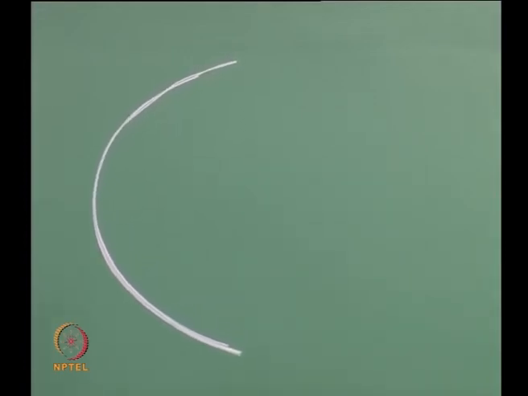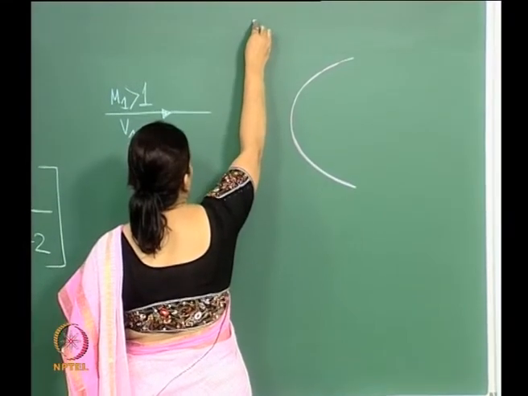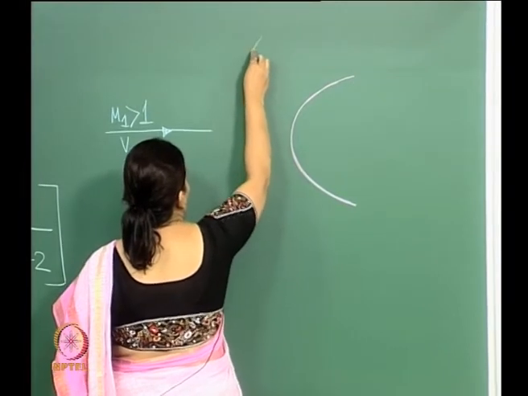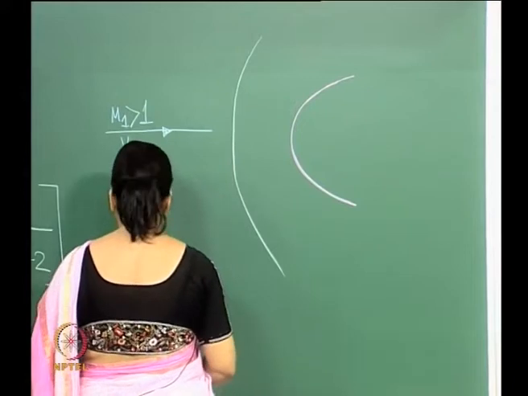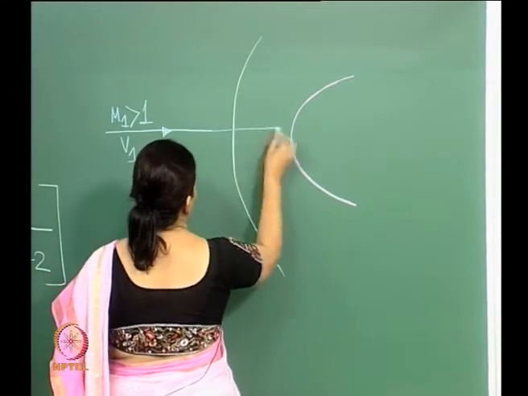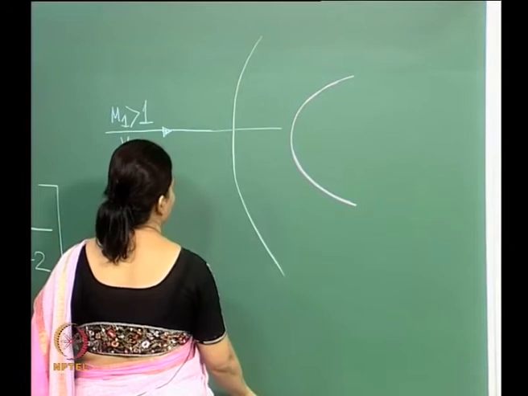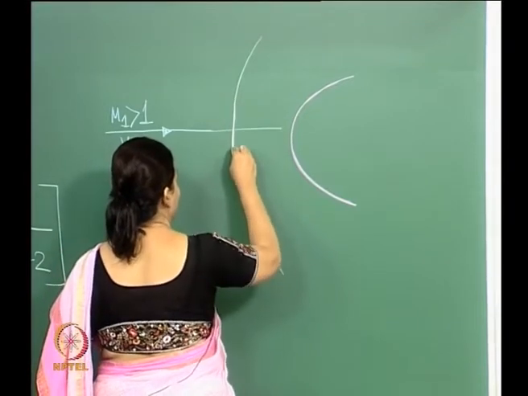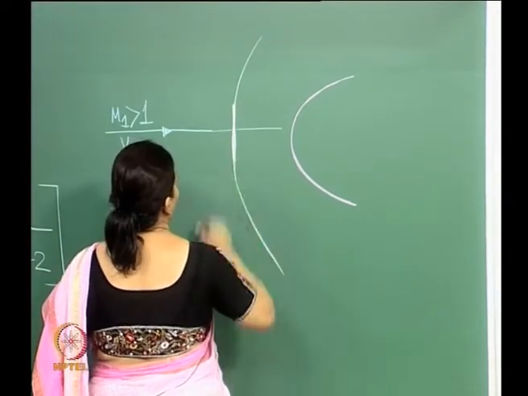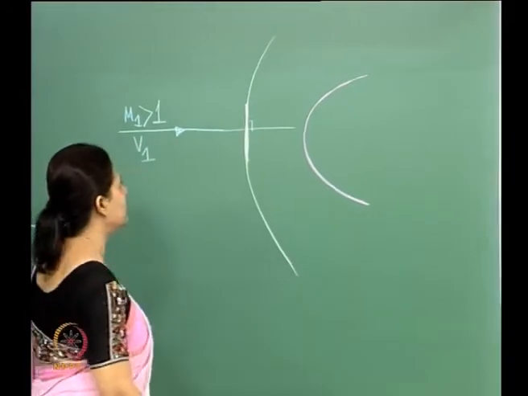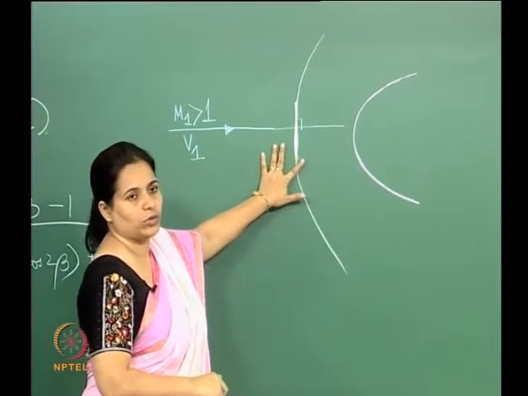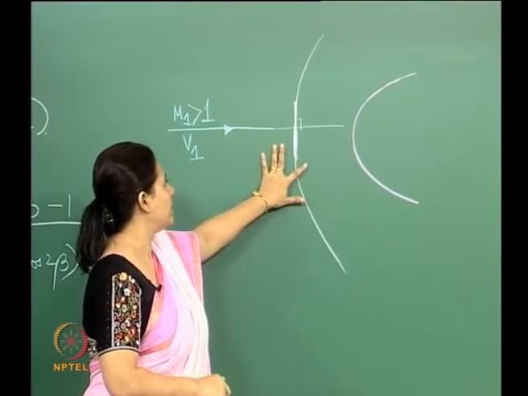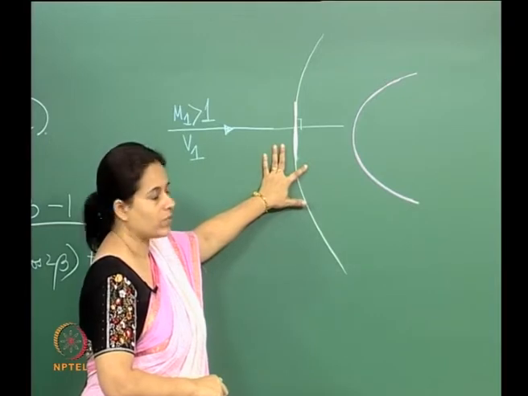So what we are most probably going to see is a shock like that. So this is essentially the normal part of it, and this is a detached bow shock, right, and this will be a normal shock in this case.